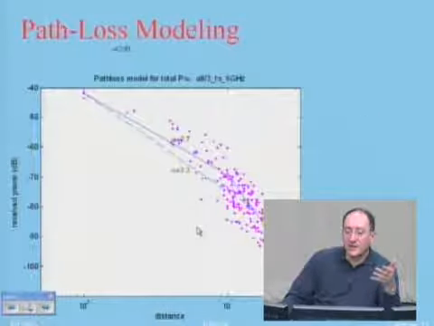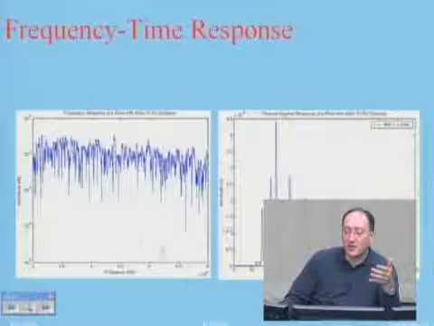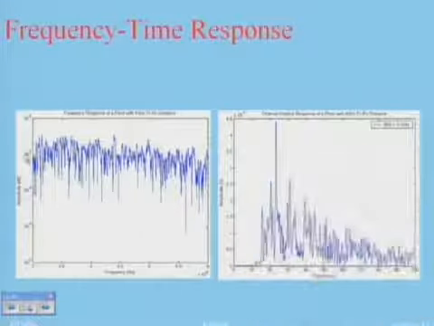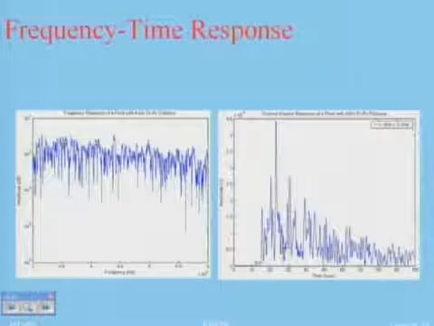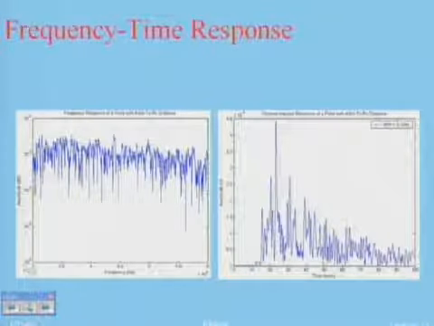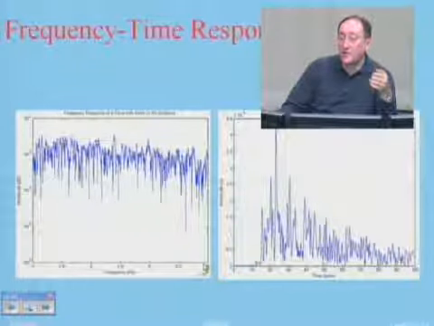Now, if I do that type of thing, what type of channel measurement do I get? This is the type of measurement. This is the frequency response of the channel, and this is the time domain response of the channel. The bandwidth that I'm covering here is between 3 to 6 gigahertz.